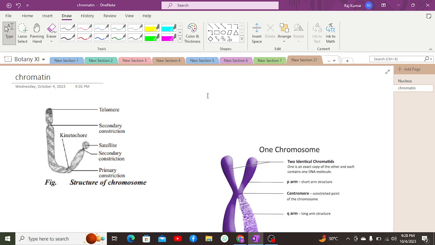These package the chromosome material. These package the DNA in such a manner that DNA has a coiled, helical structure.